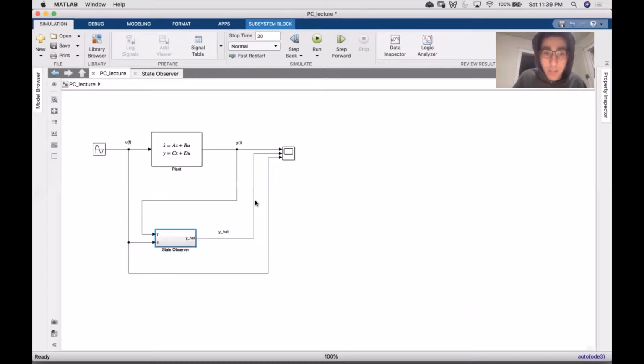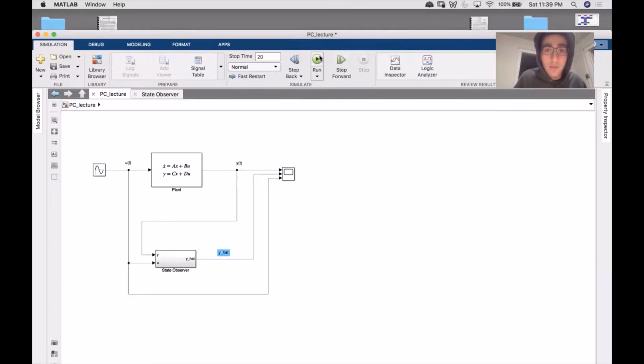Now we can simply feed these signals into our viewer in order to compare the actual output of the system to the predicted output, the output predicted by our state observer. Let's see what we get.